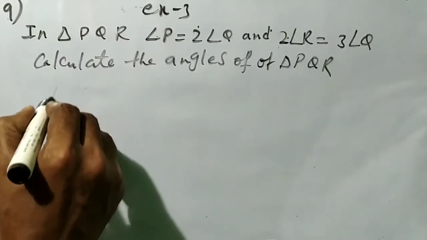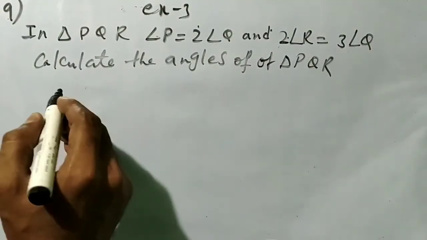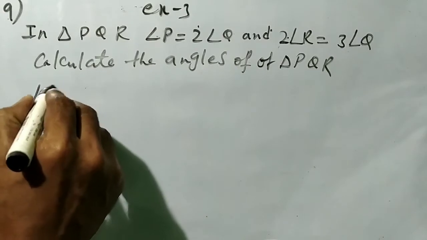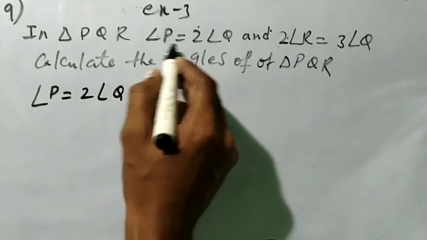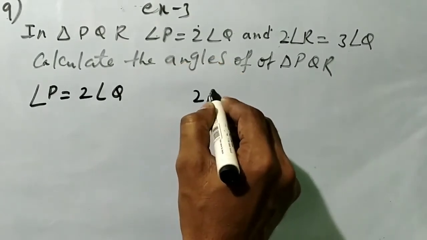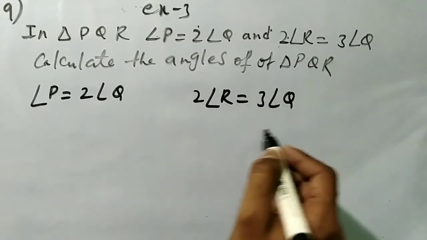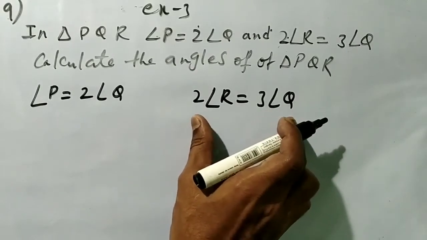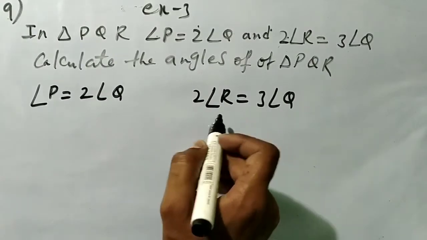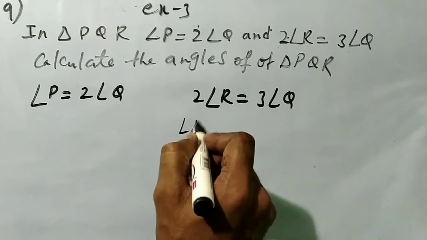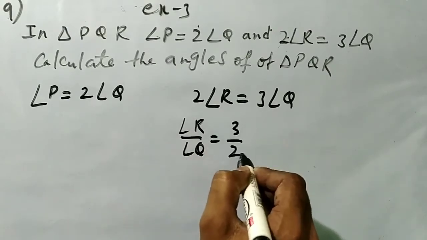Here angle P is equal to 2 into angle Q. We know that is given in the question, and here 2 times angle R is equal to 3 times angle Q. So for our convenience just change it into angle R by angle Q is equal to 3 by 2.